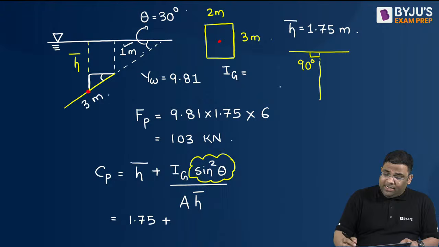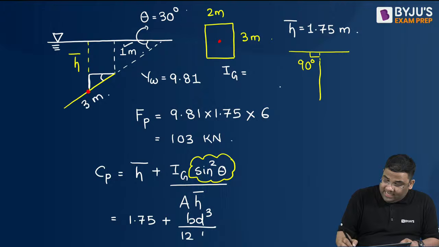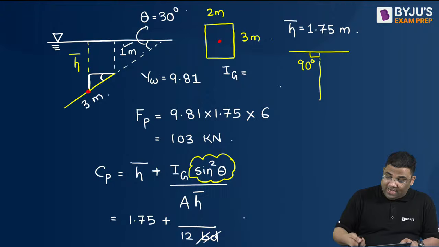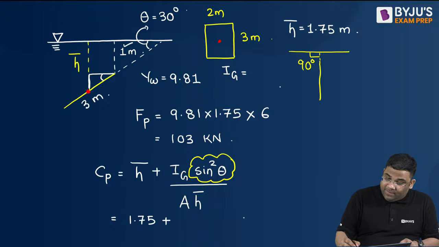Ig is BD cube by 12, and area is BD. So you can cancel this b and save some time. It's actually d square by 12, so 3 square by 12.